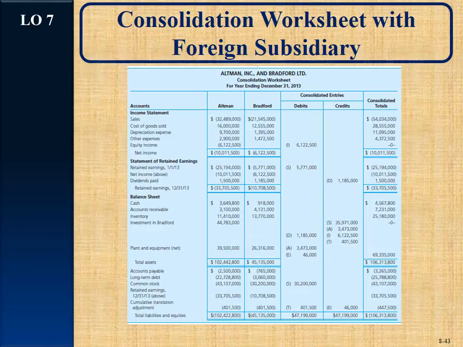And item E revalues the excess of fair value over book value for the change in exchange rate since the date of acquisition, with the counterpart recognized as an increase in the consolidated cumulative translation adjustment. So let's take a look here.